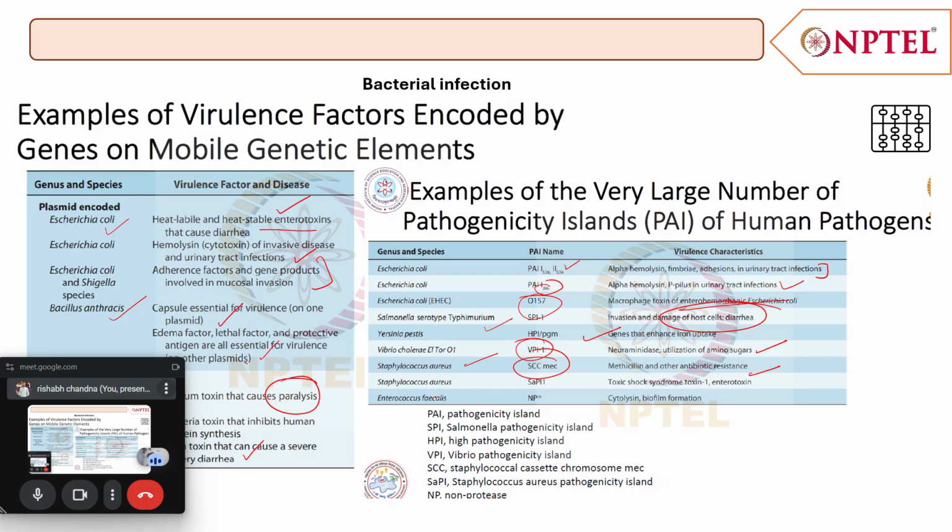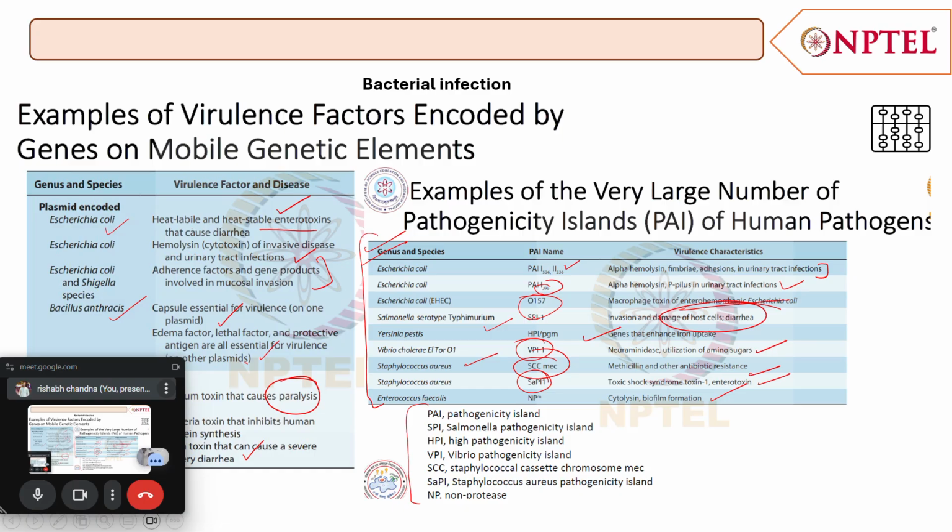Then Staphylococcus aureus SaPI1, with toxic shock syndrome toxin 1 and enterotoxin. Then Enterococcus faecalis, with cytolysin and biofilm formation. So these are the different bacterial species that have pathogenicity islands, and these are the full forms of the terms mentioned here.